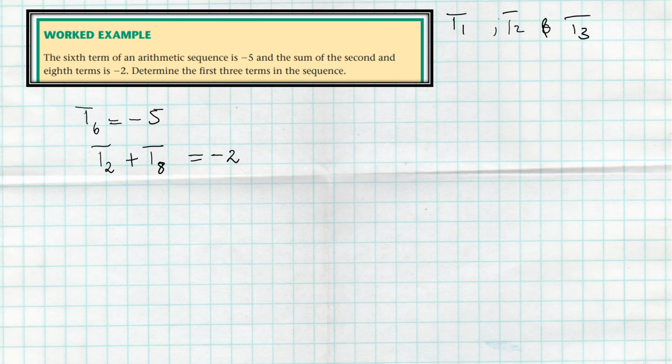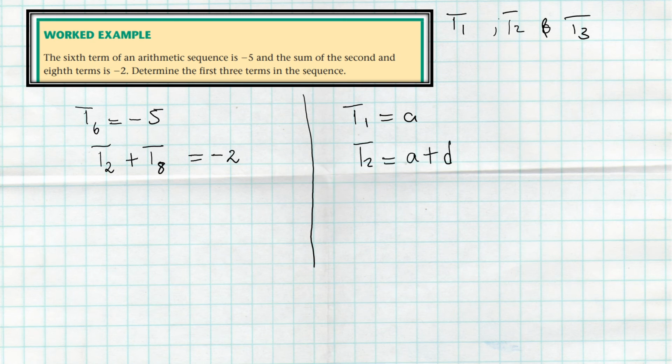Okay, how are we gonna solve this? Every time you are given an expression like term number 6 is equal to something, you have to express those terms in terms of A and D. You have to know how to express terms in an arithmetic sequence in terms of A and D. For example, we know that term number 1 is A. Term number 2, we get the next term by adding a common difference to the previous term.